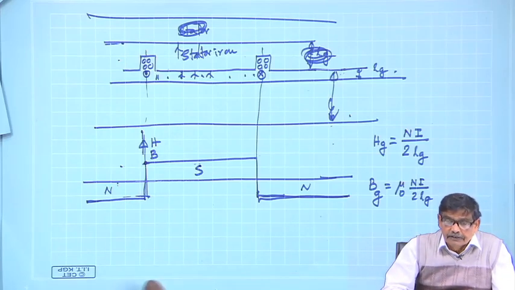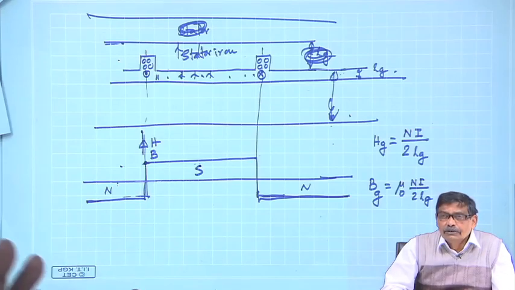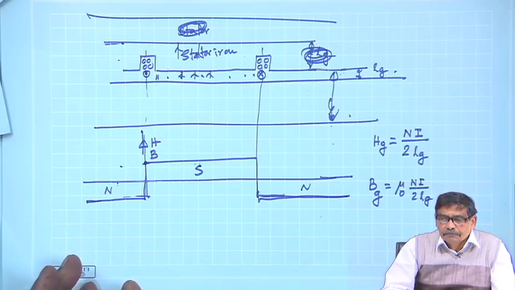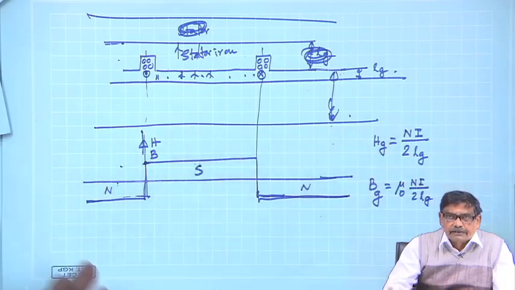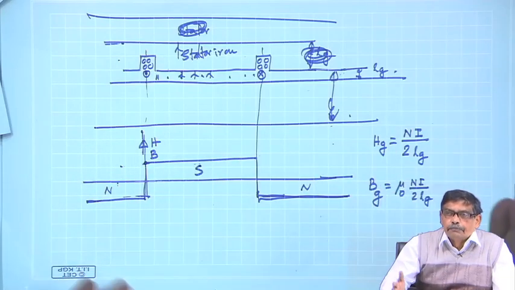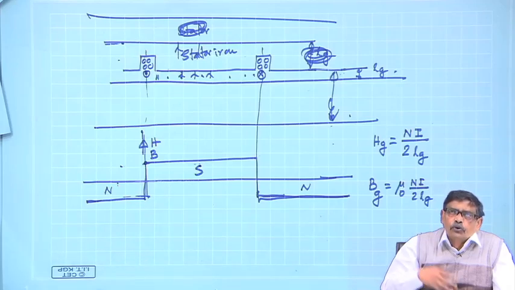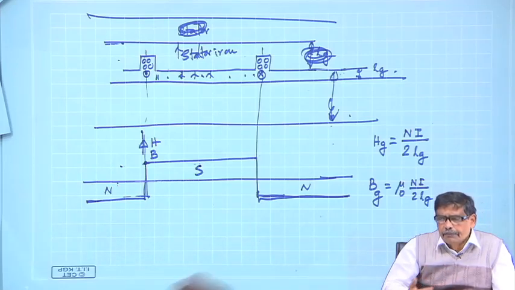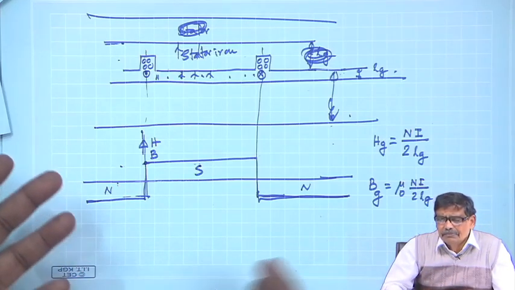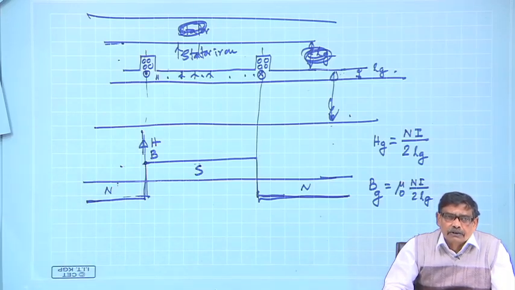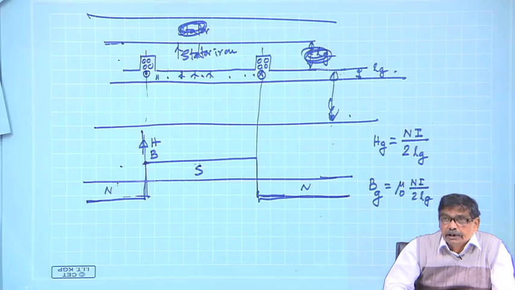What is the difference? The difference is that one coil is displaced in space by some angle, that is all. Therefore, in course of time, whatever is happening to one coil, the same thing is going to happen to the other coils. Therefore, it is essential that you know what is happening to a single coil.